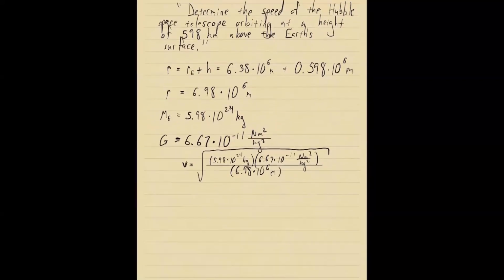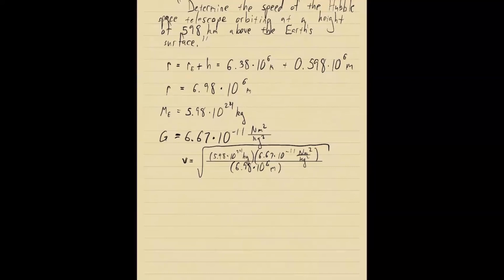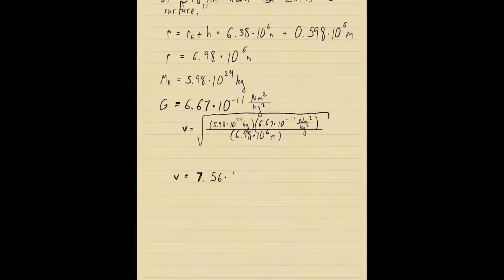When you punch this into a calculator, you get a velocity, so the speed of this thing going around the Earth is 7.56 times 10 to the third meters per second.